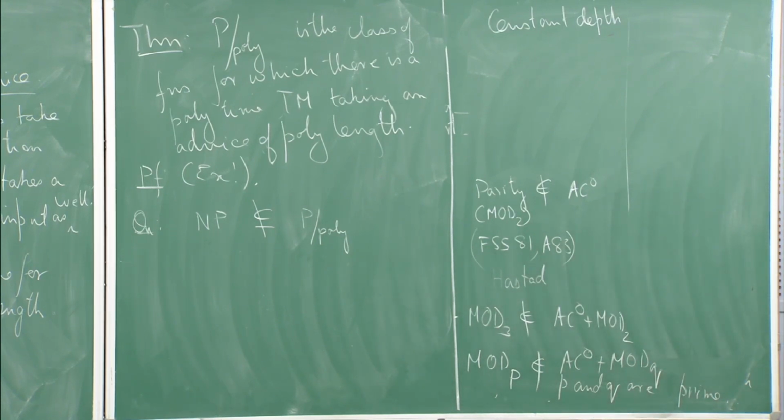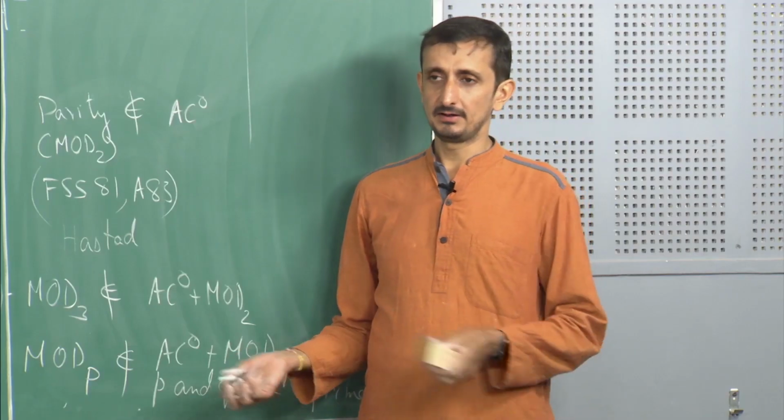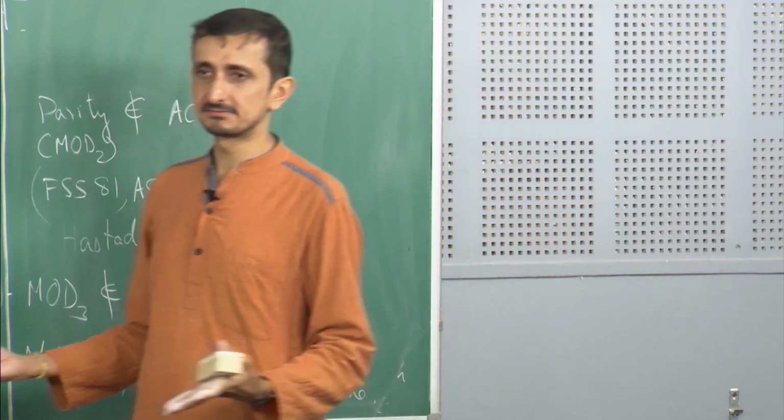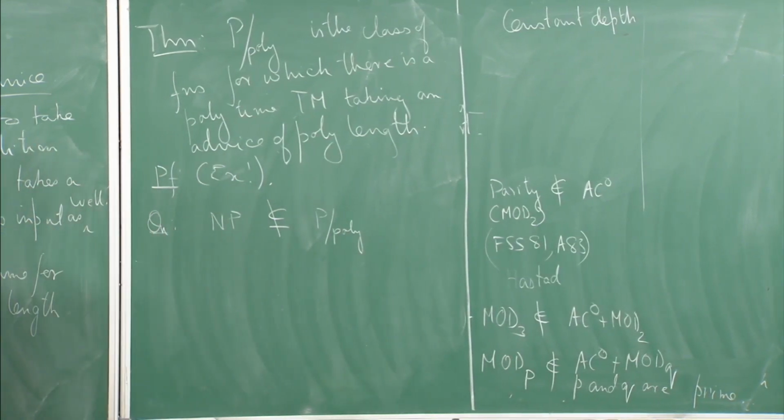Now, the next question was, what if I give both mod 2 and mod 3 gates, okay. That is, I have mod 6 gates present in my circuit. What kind of functions can it not compute?